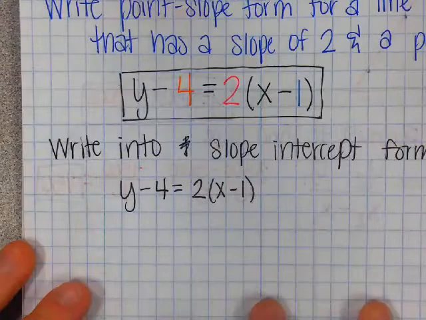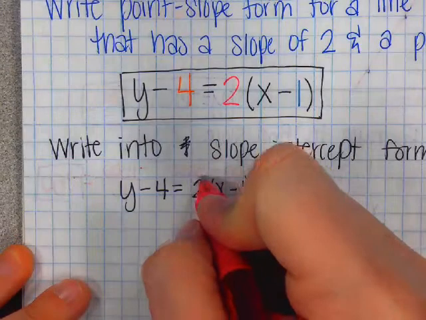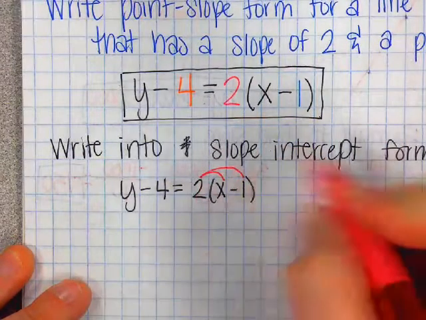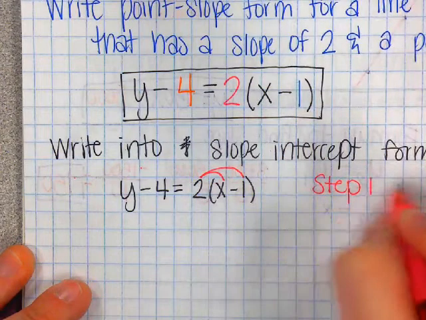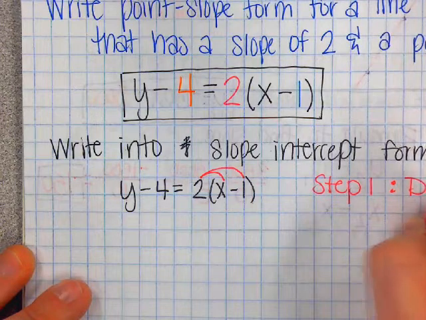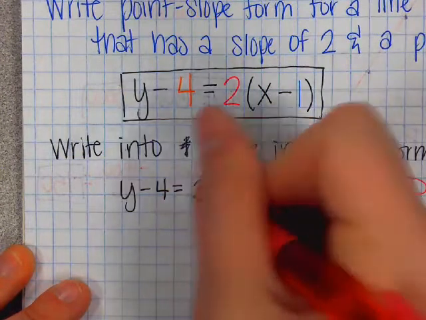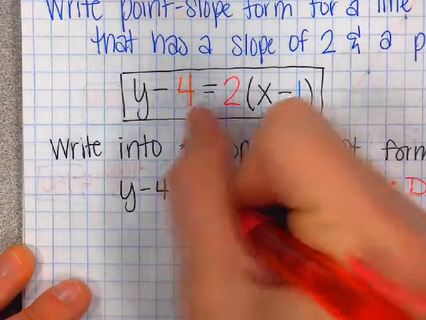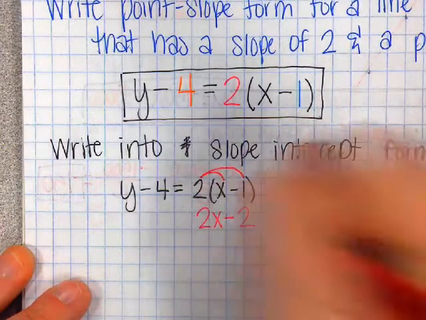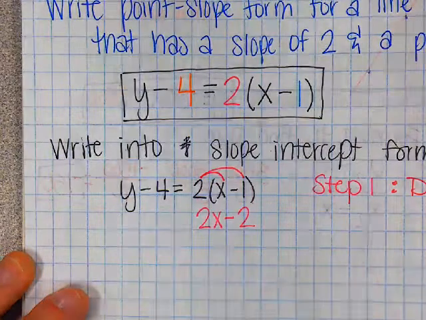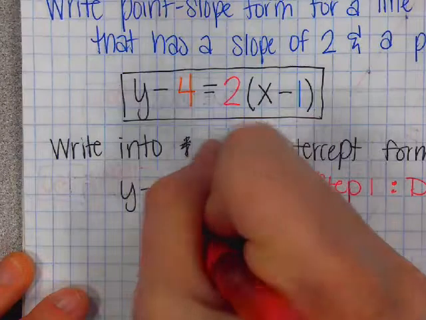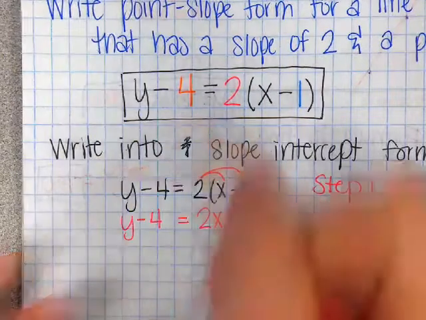So remember, when we solve these, first thing you need to do is distribute. So step 1 is distribute. So then 2 times x is 2x. 2 times negative 1 is negative 2. That y minus 4 stays there.